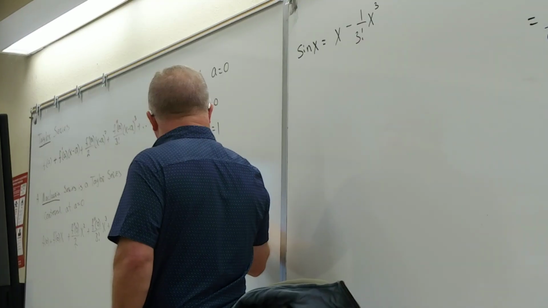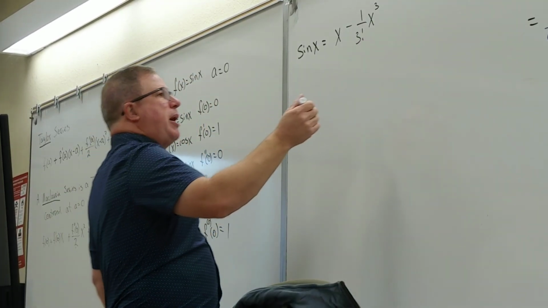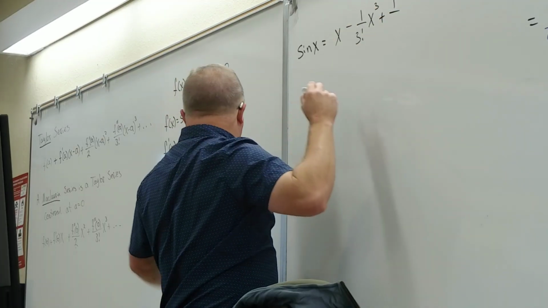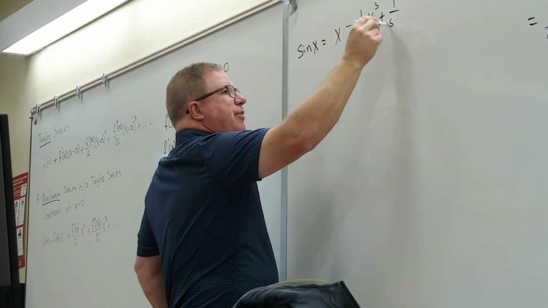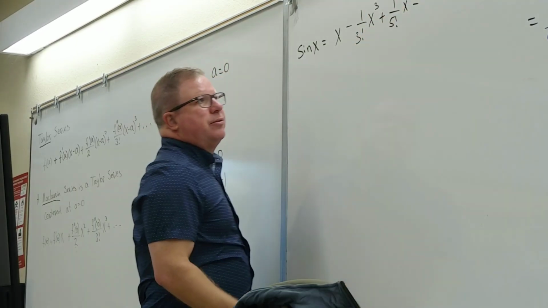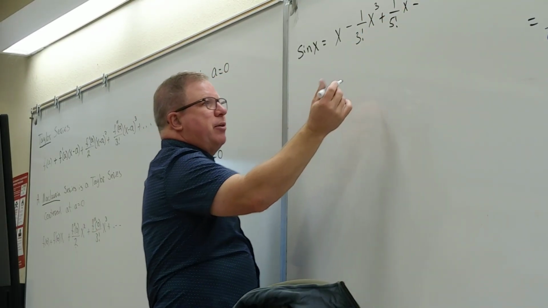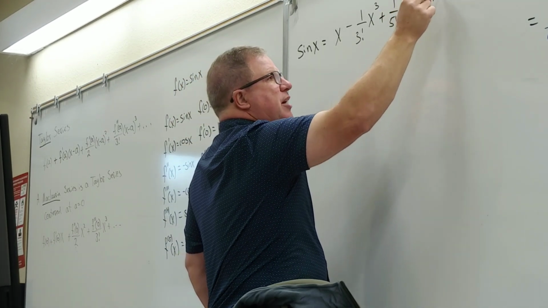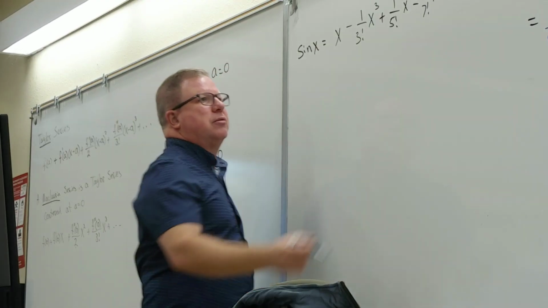The fourth one's going to be 0. If we continue this pattern, for the fifth one we got positive 1. And this is the fifth term, so that's over 5 factorial x to the fifth. Continuing this pattern, it would be 7 factorial x to the 7th plus dot dot dot.